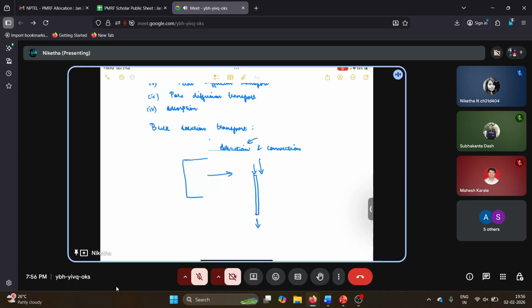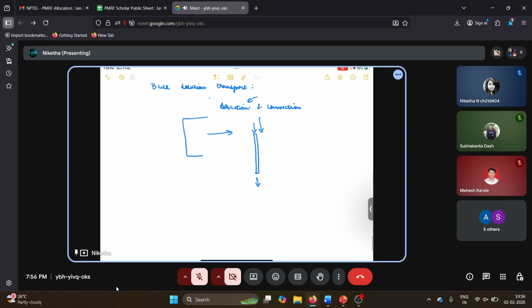We just have to maintain some flow or some velocity, some force, in order for the contaminant or the adsorbate to come in contact with the adsorbent. And convection is again because of temperature difference. And the second transport is film diffusion transport.